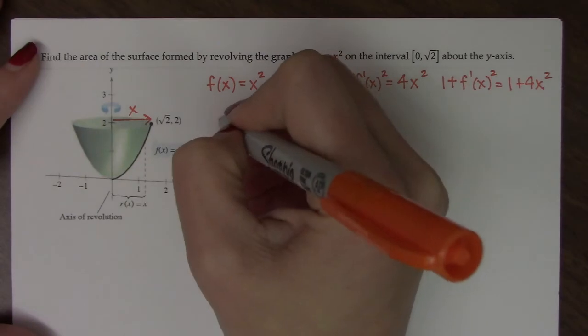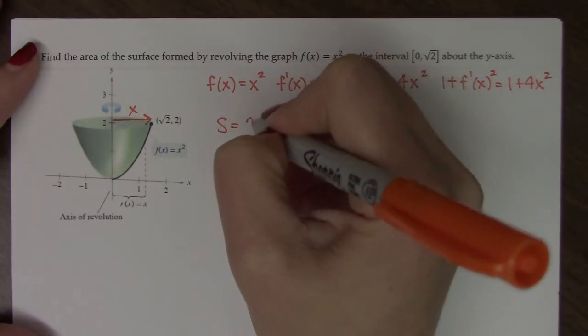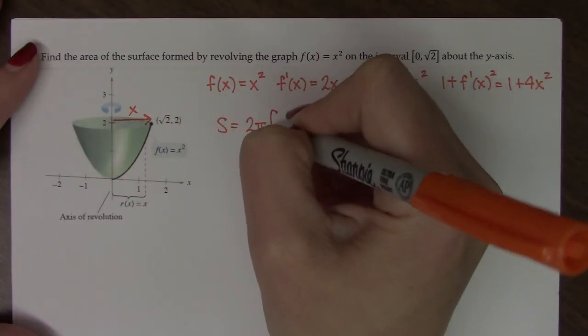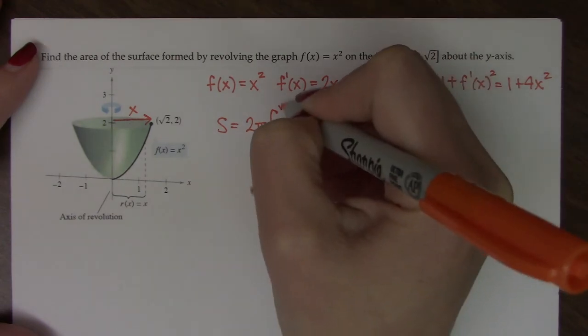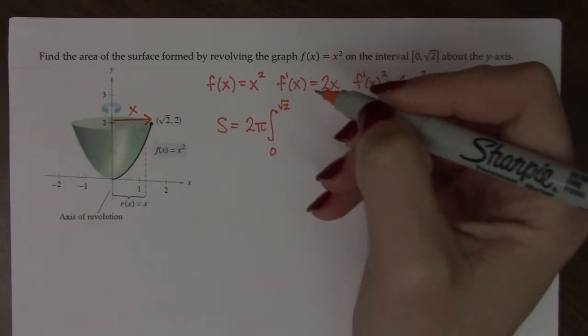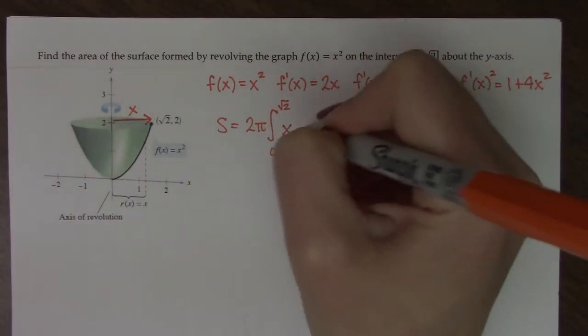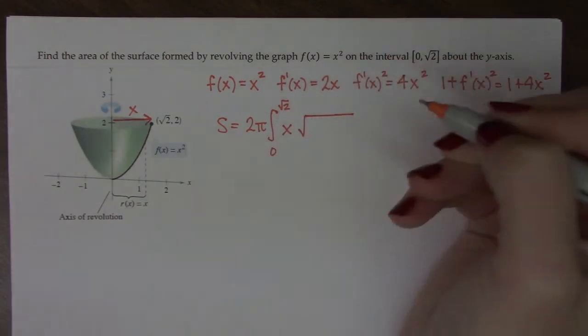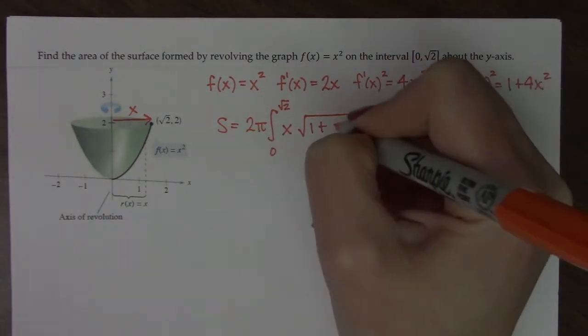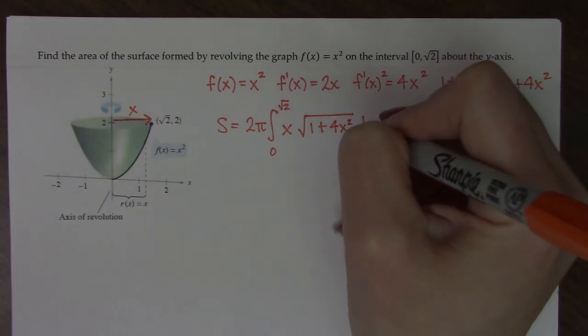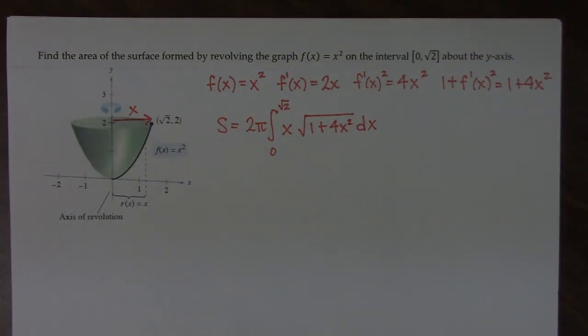So the surface area is 2 pi. The bounds on x are 0 to the square root of 2. Our r was just x. And our radical is 1 plus 4x squared dx. So once again, I can u sub this.